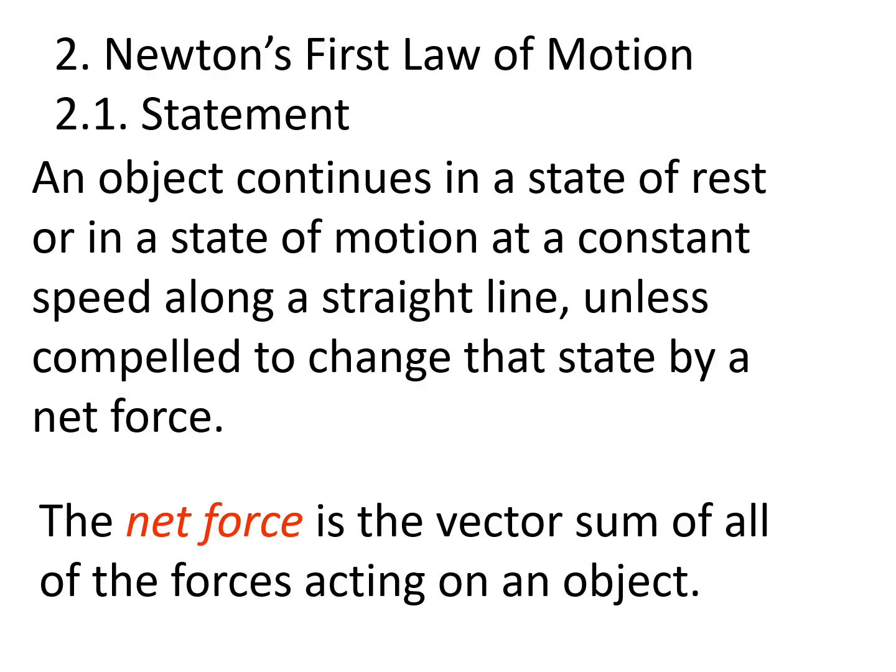Newton's first law states an object remains at rest or continues moving at constant velocity in a straight line unless it is acted on by a non-zero net external force. This law describes two situations. First, if an object is at rest and the net force remains zero, the object stays at rest.